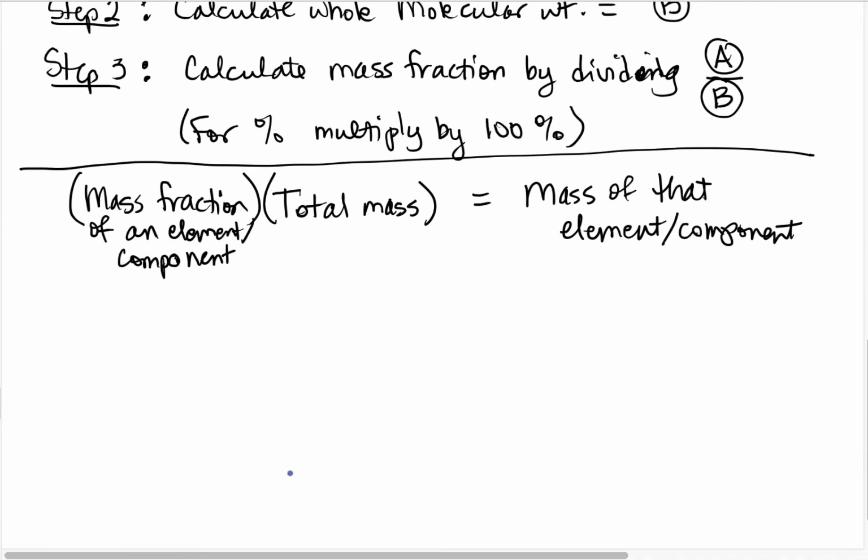Okay, let's try this out with a few examples. Actually, I'm not going to call these examples. I'm going to call them practice problems because I'd like you to practice them.